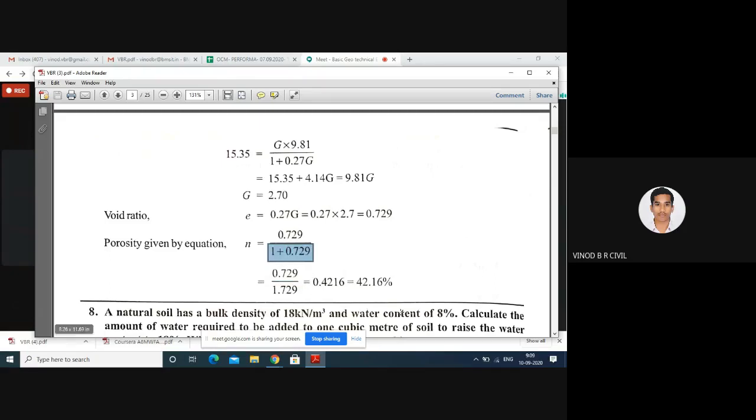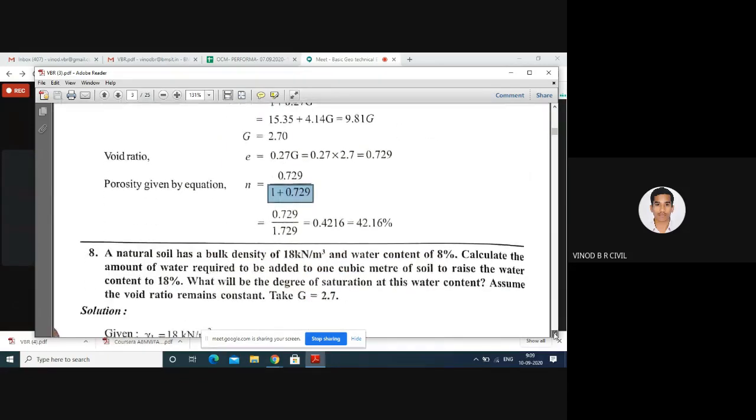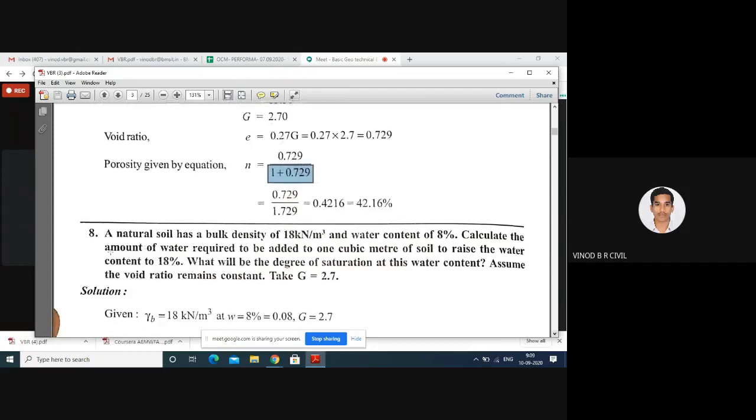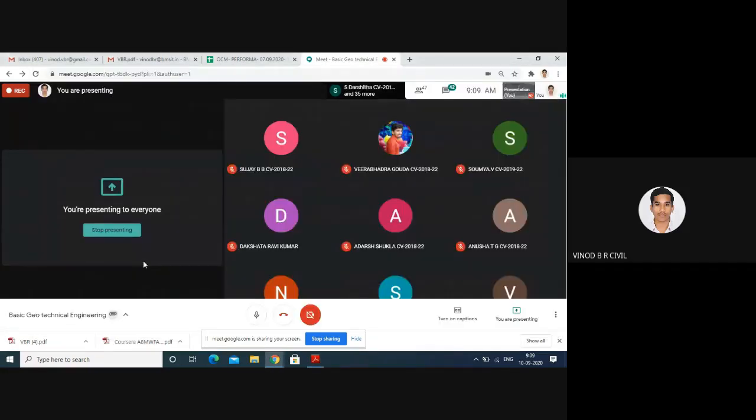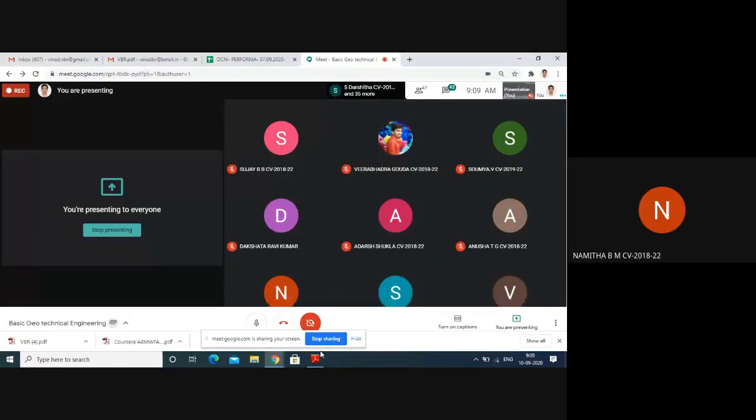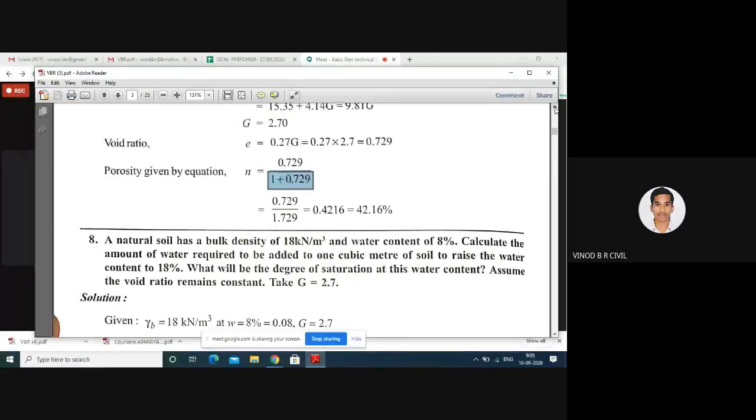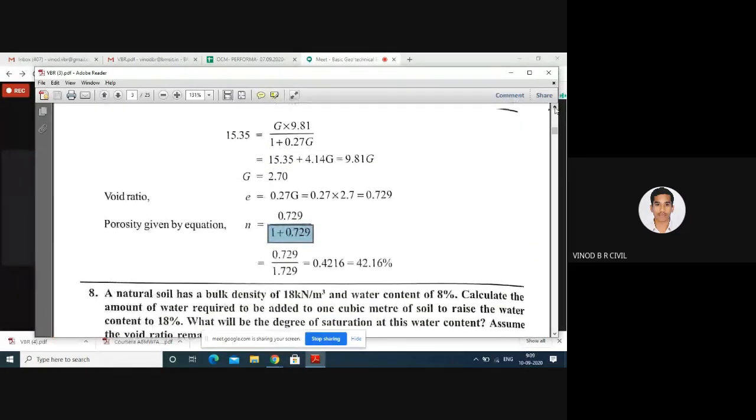Therefore porosity equals 42.16%. Any doubts, students? Any doubts? No, sir. Okay.